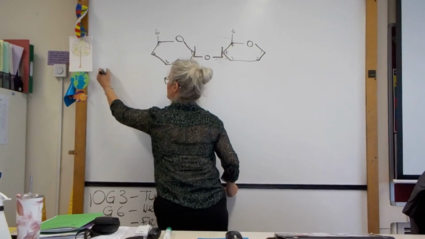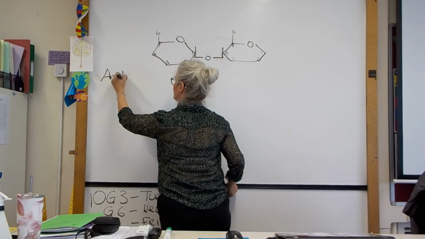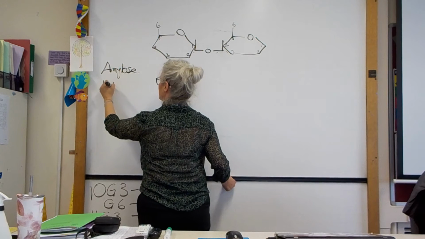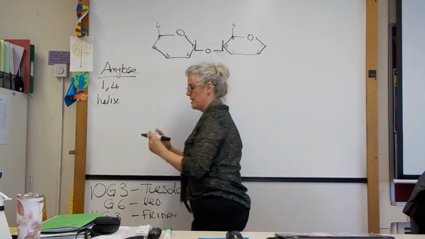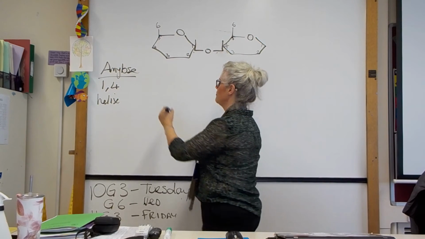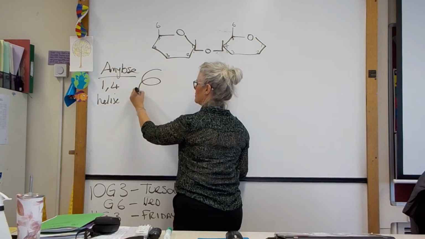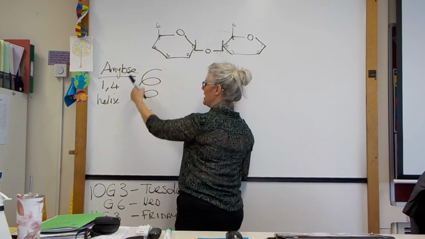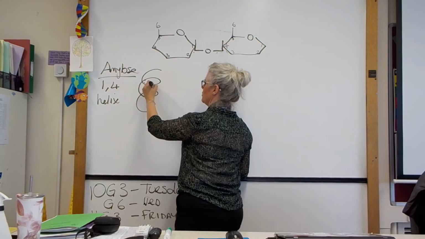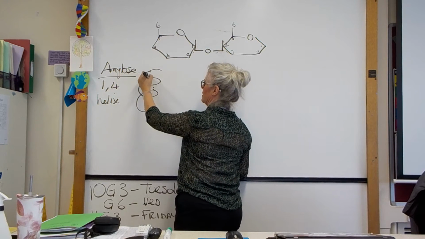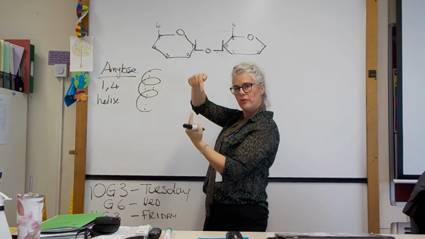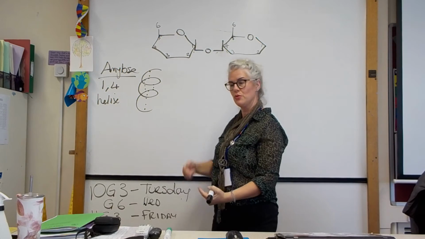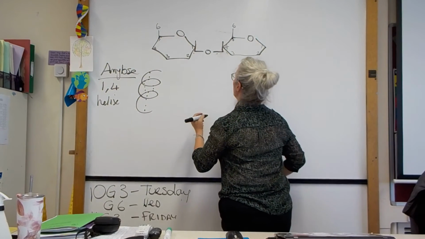So amylose only has 1,4 bonds, and so it forms this helix. It starts to spiral. Now that helix is held in place. You get hydrogen bonding between the turns of this helix, and that helps to hold that shape.